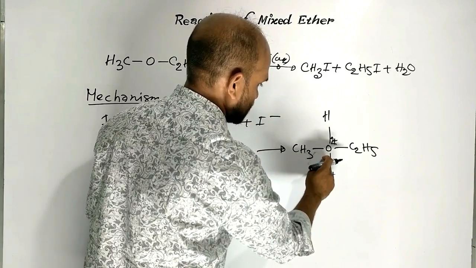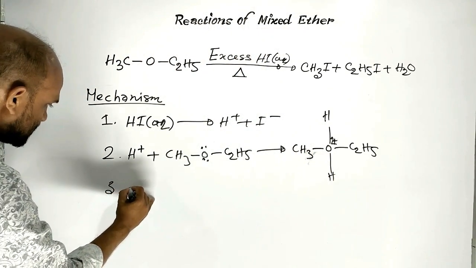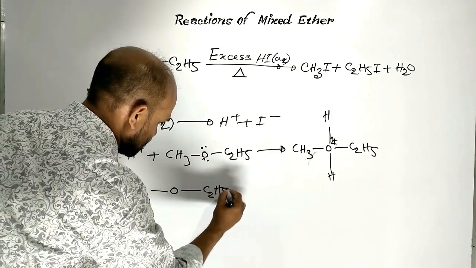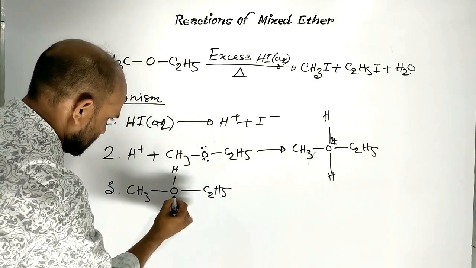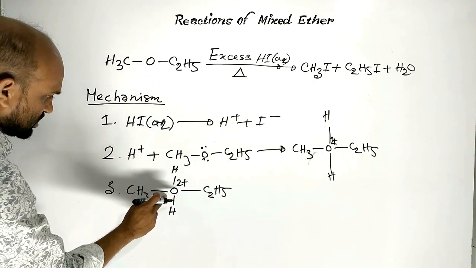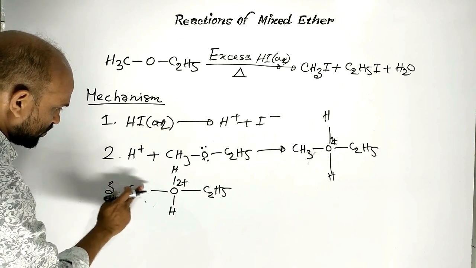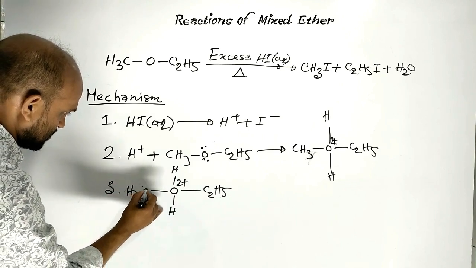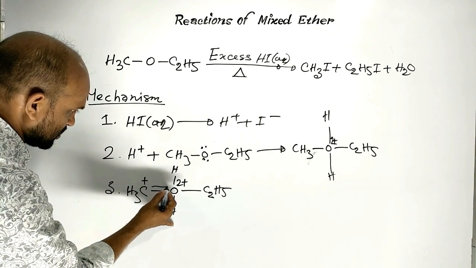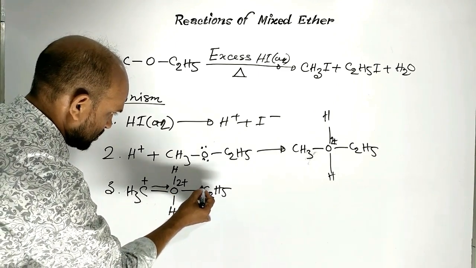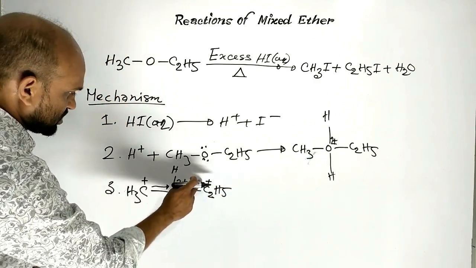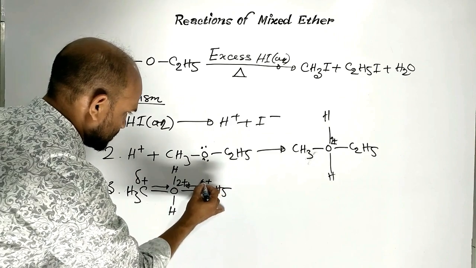This is formed. Now, this protonated ether, because of this positive charge over oxygen, this carbon, methyl group carbon, becomes positive in charge because electrons move towards oxygen. Over this carbon, partial positive charge develops.